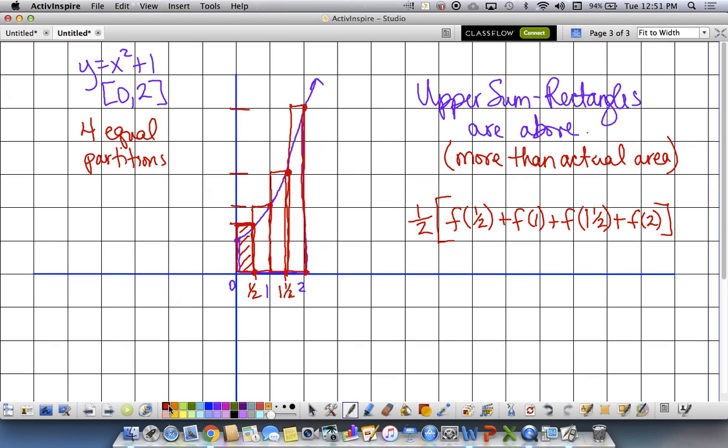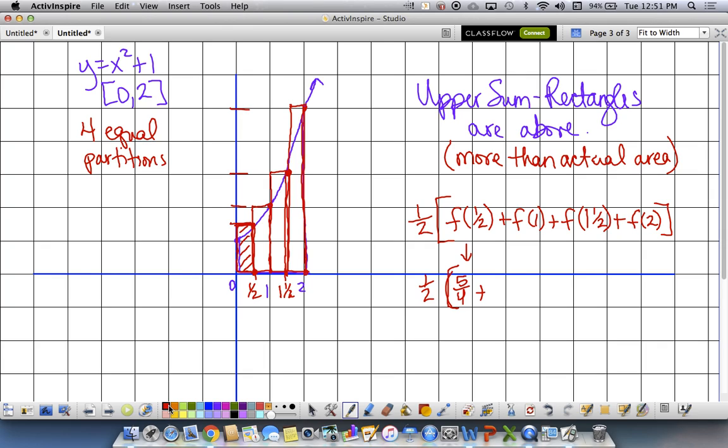Whew. So let's look. I know we've already done some of these. So let's look at f of 1/2. When we plug in 1/2, 1/2 squared was 1/4 plus 1. So we got 5/4. Correct? So we'll have 1/2 times all this.